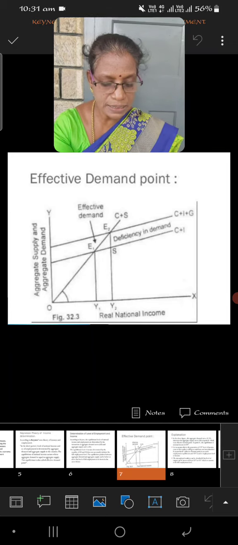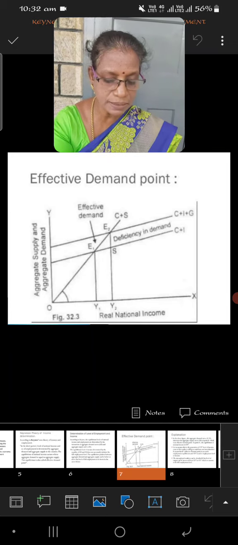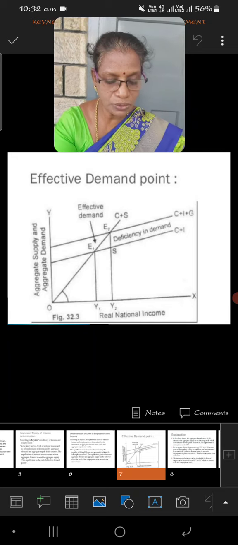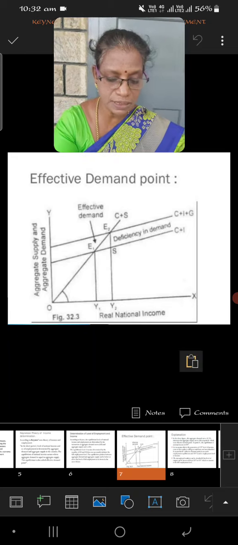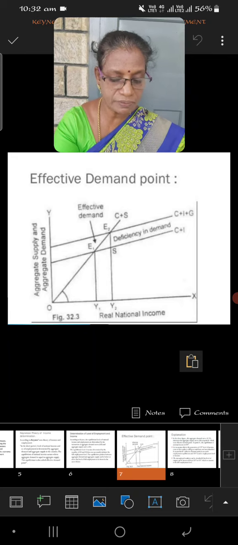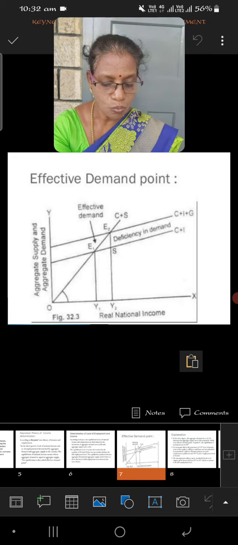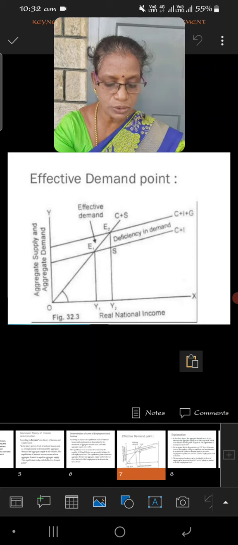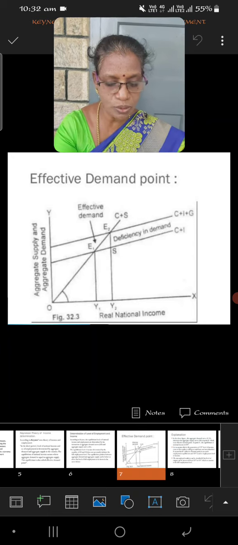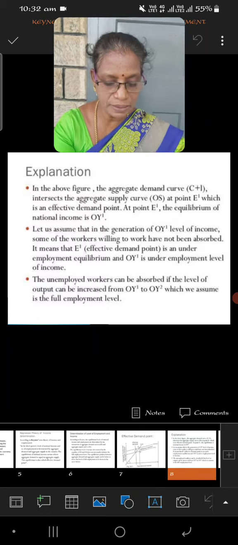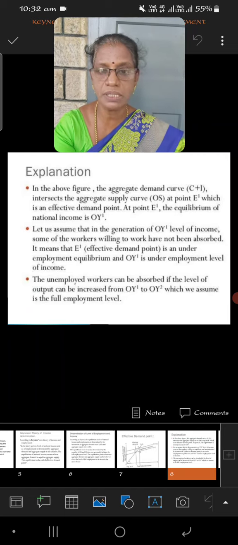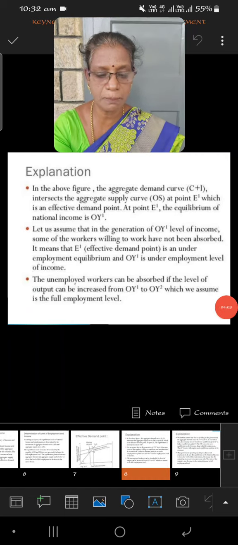The national income increases from OY1 to OY2. By introducing government expenditure, we can expand our level of national income from OY1 to OY2. This stage is known as what? Full employment. This is clearly explained by Keynes when he explains the theory of income and employment.